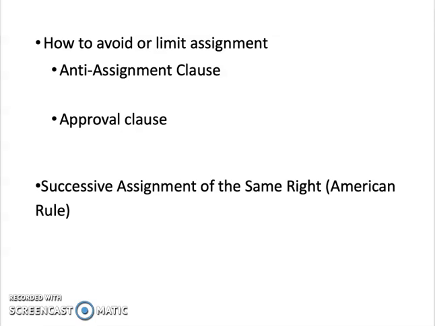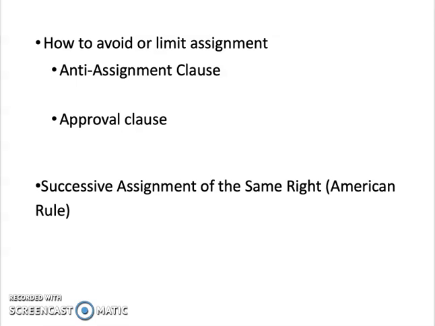Okay, so an anti-assignment clause in a contract is a clause that literally just states that the contract cannot be assigned. So if we are drafting a contract on behalf of a client and they do not want the rights under a contract to be assigned, we would just include an anti-assignment clause, which could be as simple as saying something to the effect that neither party can assign their rights under this contract.